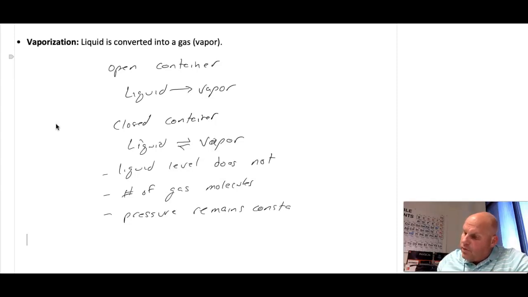And this value is an important one for us. This is the vapor pressure. We've referenced this before, vapor pressure, and that's where it comes from.